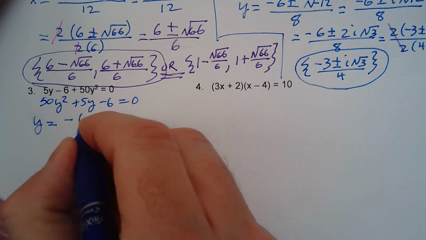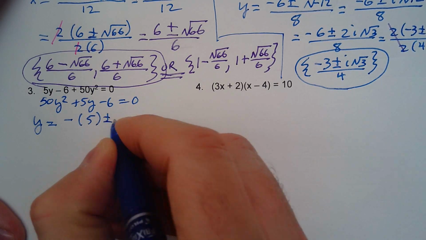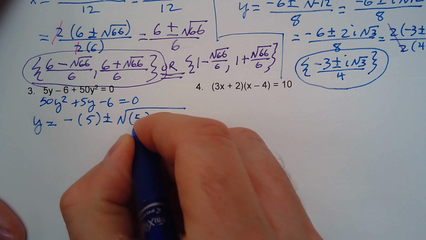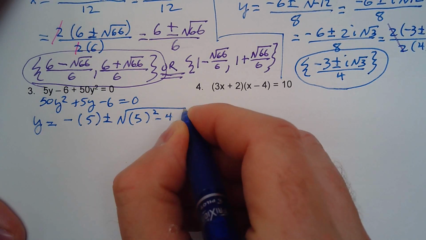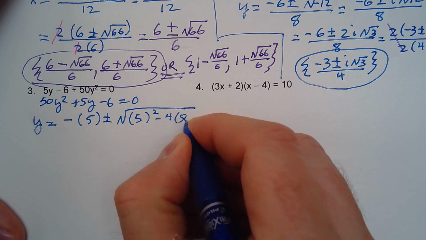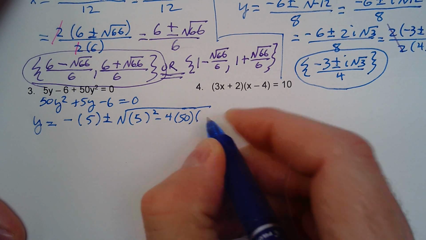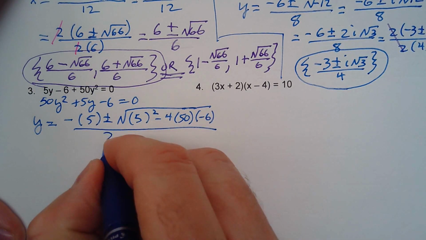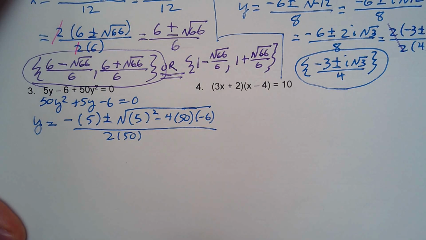So I'm going to have the opposite of b plus or minus the square root of b squared minus 4 times a times c over 2 times a. So if you still want to color code like we did the previous examples, feel free to do so.